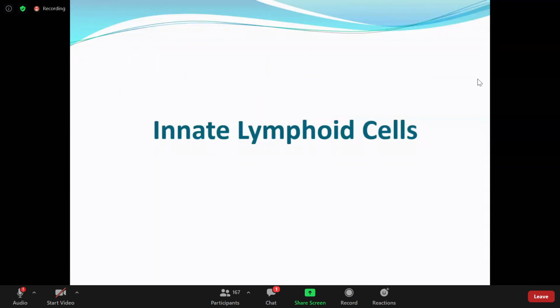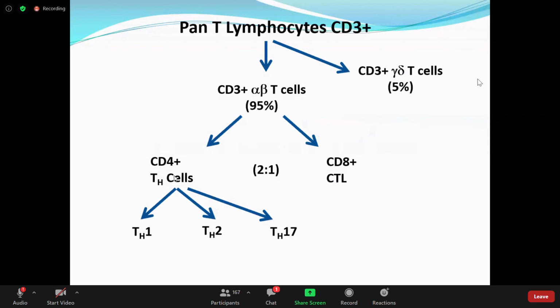Now, innate lymphoid cells. So far I've talked about this adaptive cell subset, Th1, Th2, and Th17. These cells express CD3, they express a T cell receptor, and they emerge from the thymus.